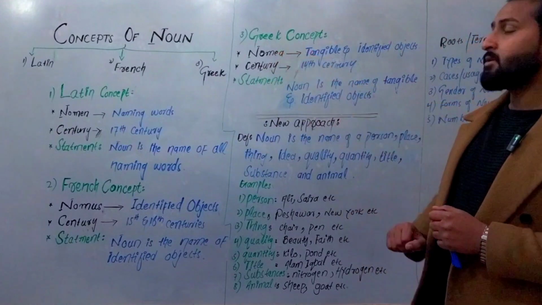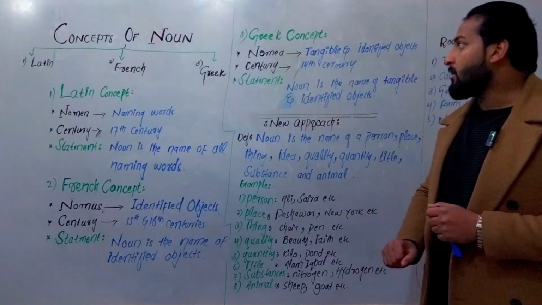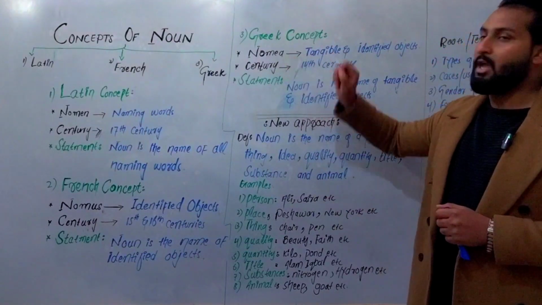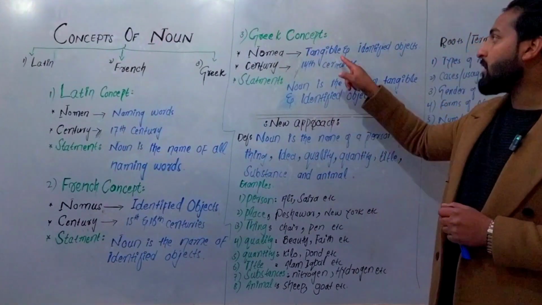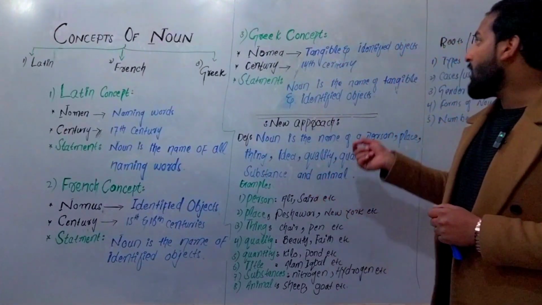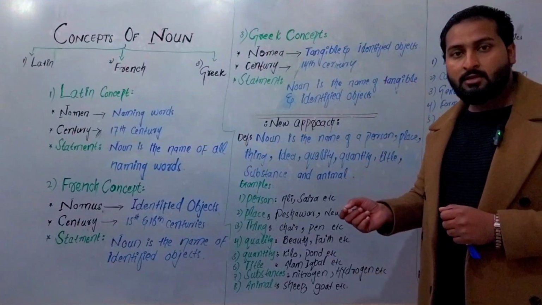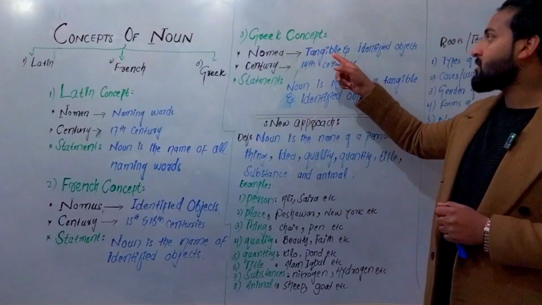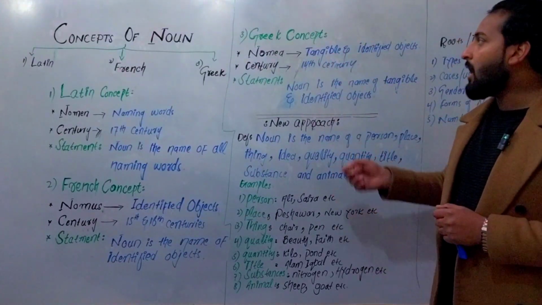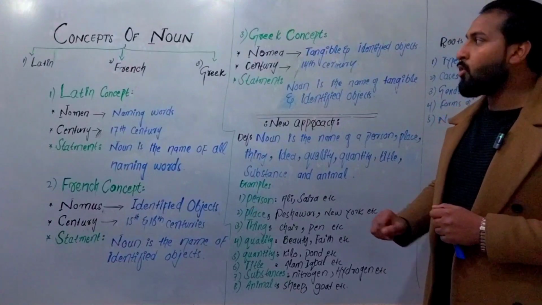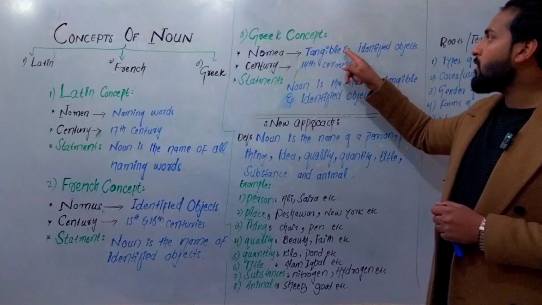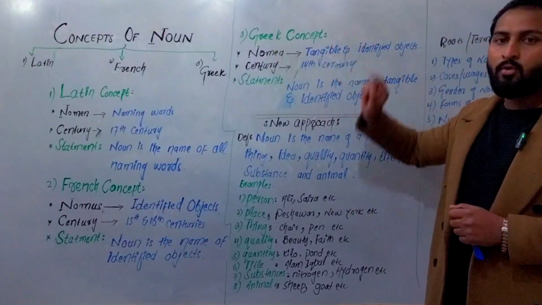The Greek concept says that the word noun is taken from the Greek word nomia, which means tangible and identified objects. जिसका मतलब है जिन चीजों की हम शनाख्त कर सकते हैं और उसको टच कर सकते हैं. टेंजिबल का मतलब है जिन चीजों को हम टच कर सकते हैं और देख सकते हैं, हम इसको टेंजिबल कहते हैं. तो उन लोगों ने बताया कि जिन चीजों की हम शनाख्त कर सकते हैं और इसको टच कर सकते हैं, हम इसको noun कहते हैं.